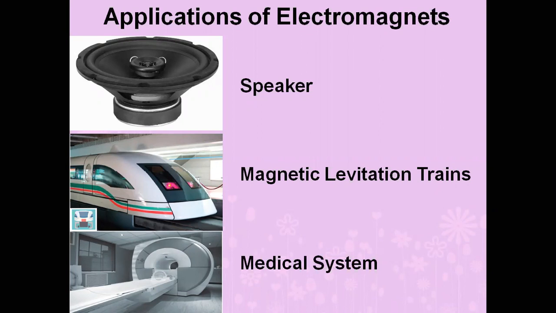The electromagnet is attracted to and repelled from the permanent magnet, vibrating back and forth.